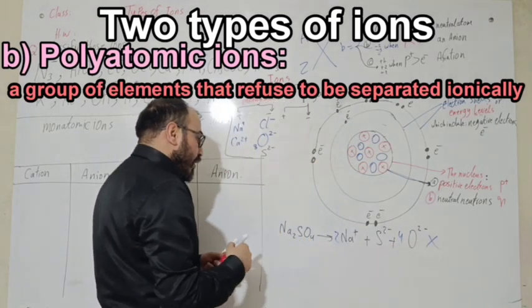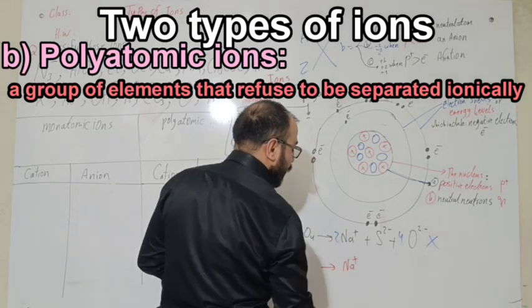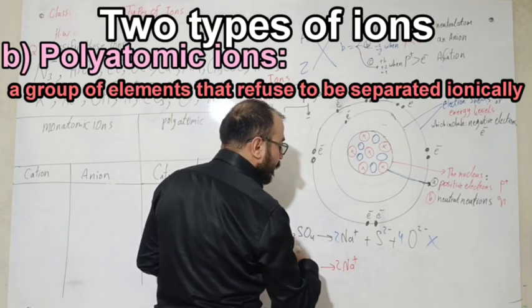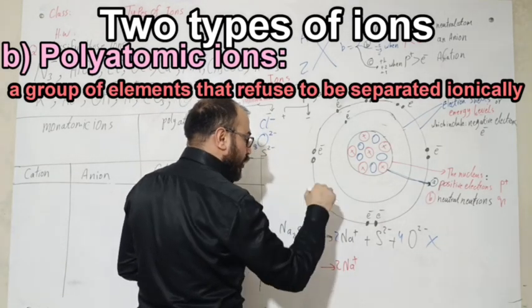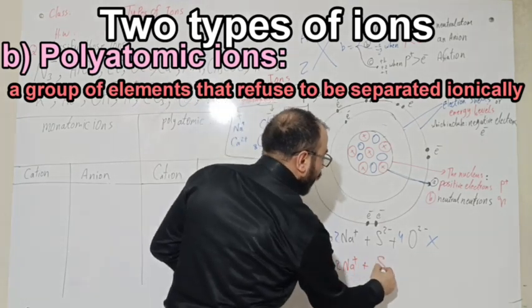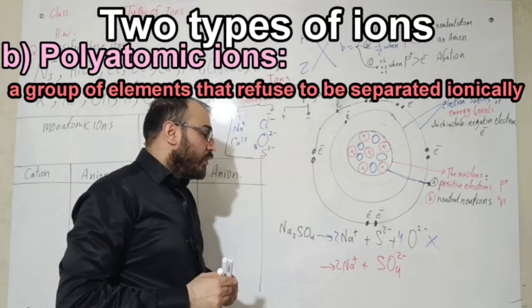We noticed, or they noticed, that sodium goes alone, separated as an independent monoatomic ion, which is positively charged, and we call it cation, and the SO4 stays together.